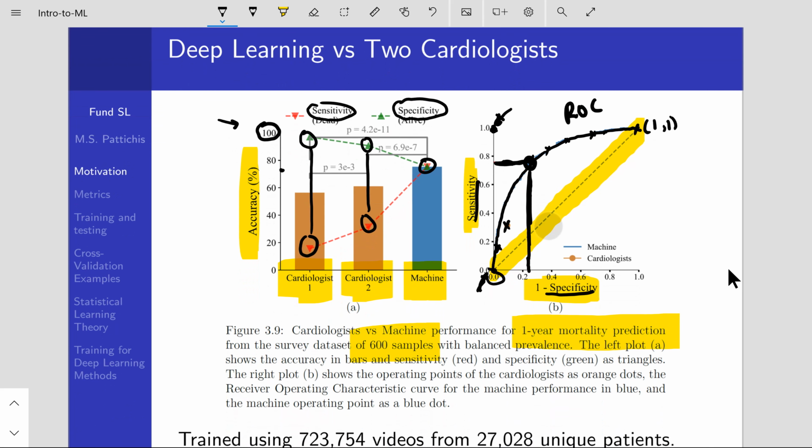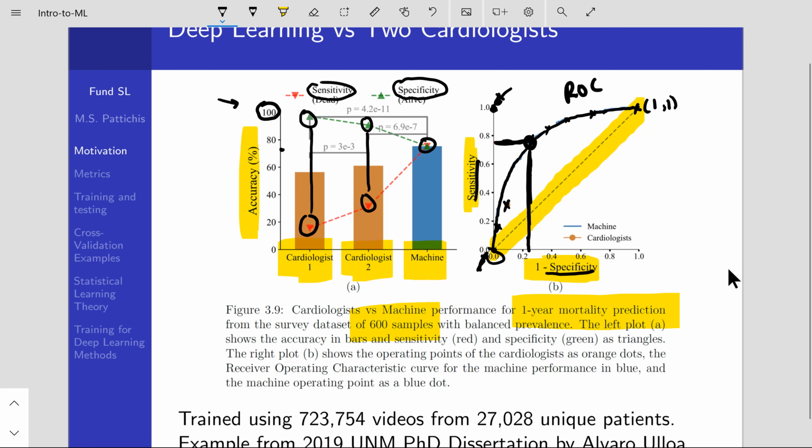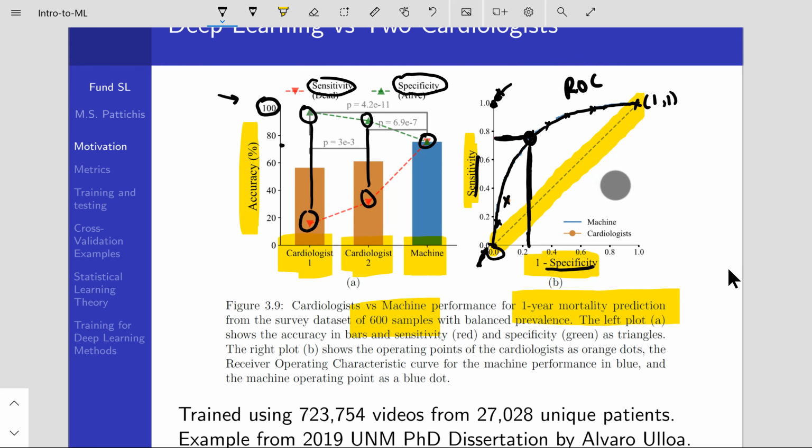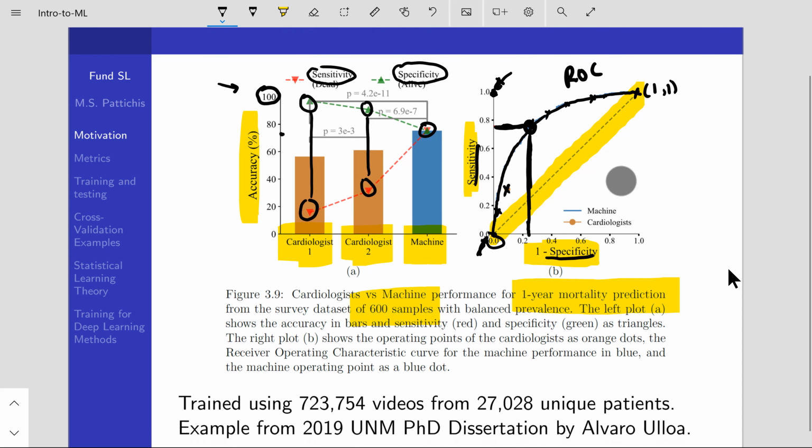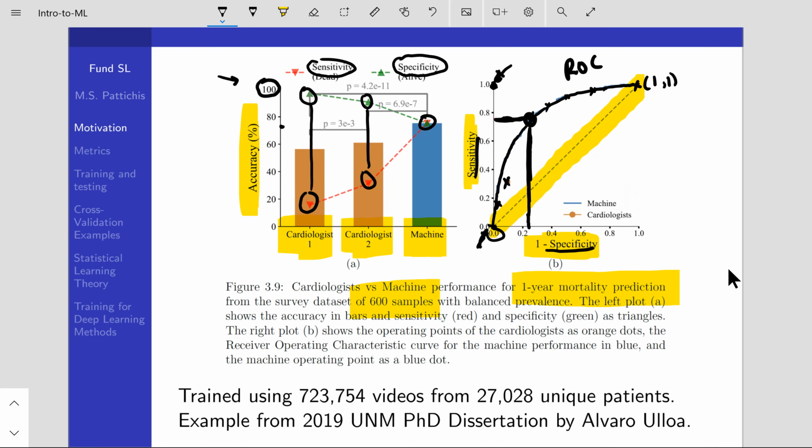Okay, all right. Now, in order for the student to generate this, he used a pretty large data set. Okay, so in this example, he actually used 723,754 videos, and it's a huge data set from 27,000 unique patients.